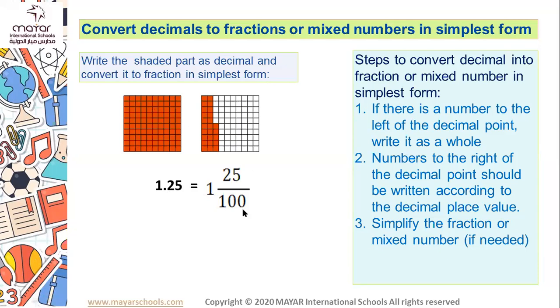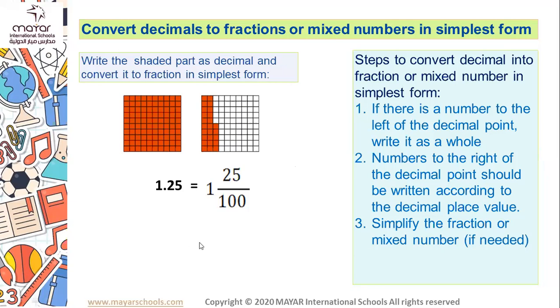Is 1 and 25 over 100 in simplest form? No. I have to simplify. By what? Divide by 2. Does 25 work with 2? No. Divided by what? 25 and 100, what's the difference between them? 5.